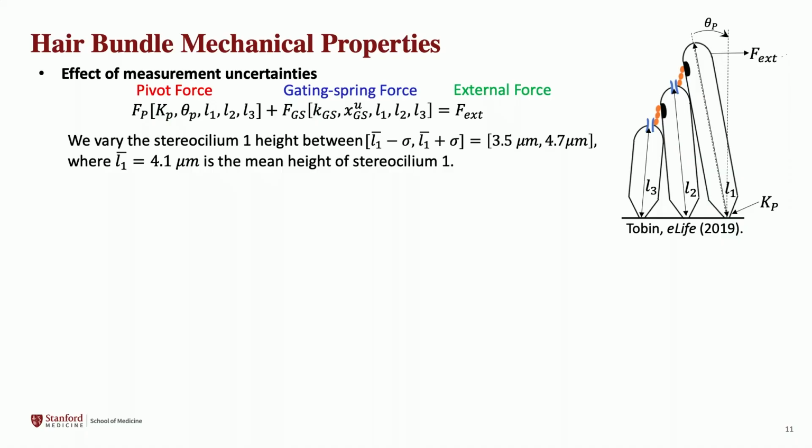So now I will discuss in brief the effect of the uncertainties in measurement on the measured properties. I again rewrite the force balance of the stereocilia and the gating springs in response to an external force. Here I emphasize that both the forces are dependent on the length of the stereocilia.